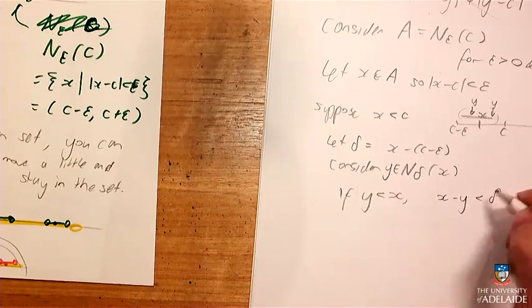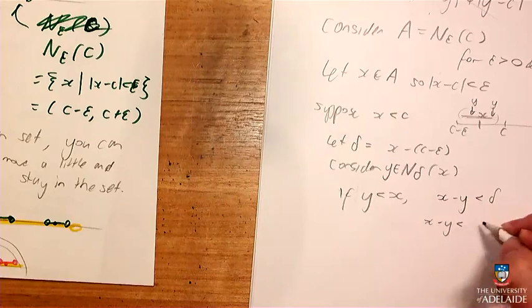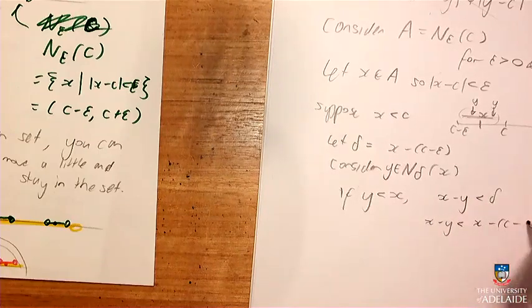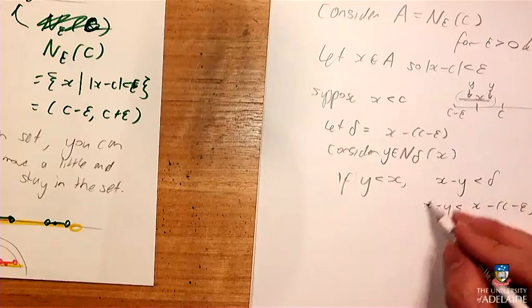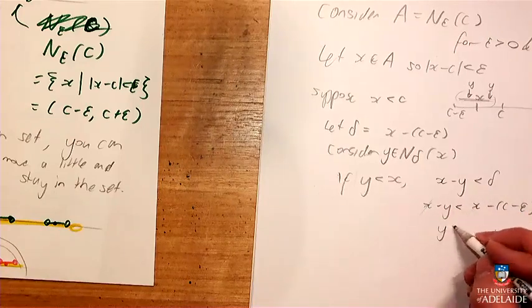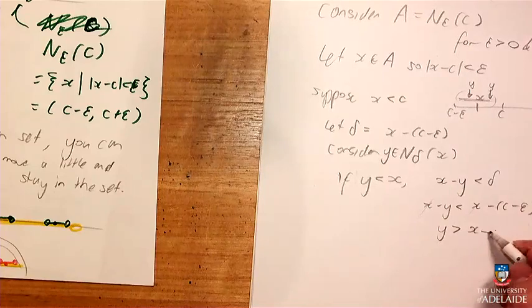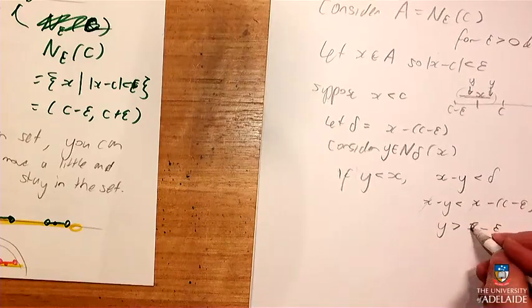Yep. So x minus y is less than x minus c minus epsilon. And so the x's cancel, the minuses cancel. That's a c, sorry.